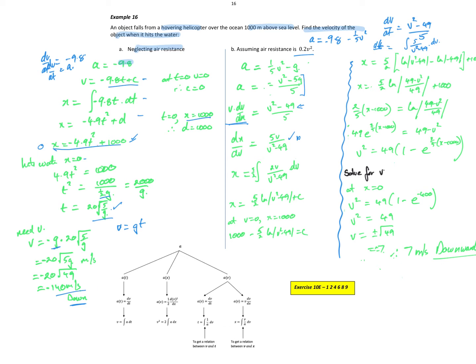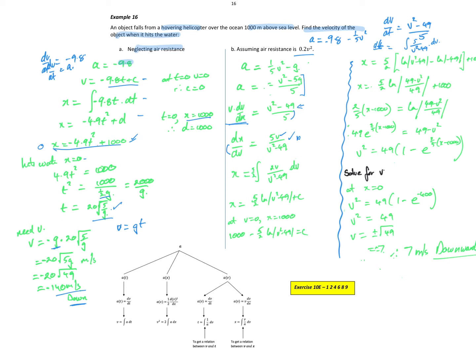If I flip everything, that becomes dx/dv here, 1 on v on the left-hand side. If I multiply it across, it comes onto the top on the right-hand side. I've got to flip this one here to get me 5 on 49 minus v squared. That v that comes across now gives me a nice little derivative of the bottom is in the top.